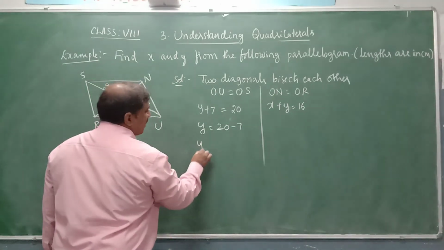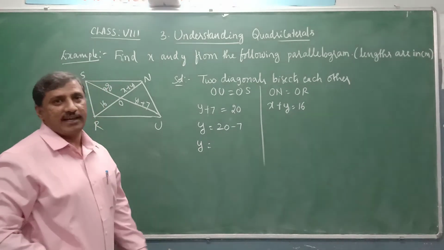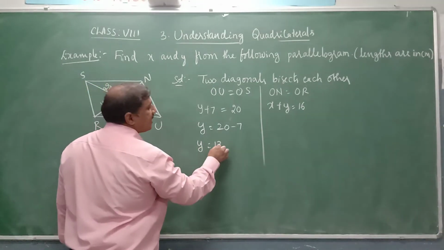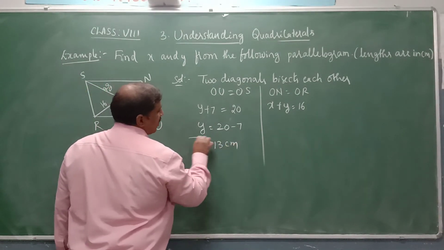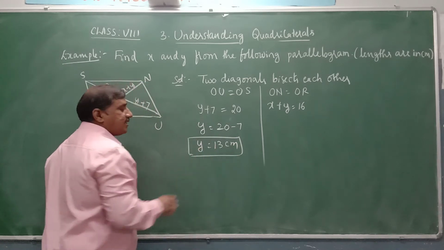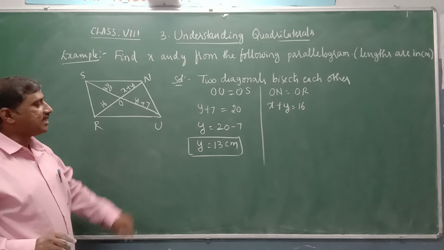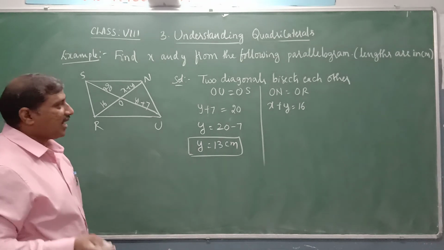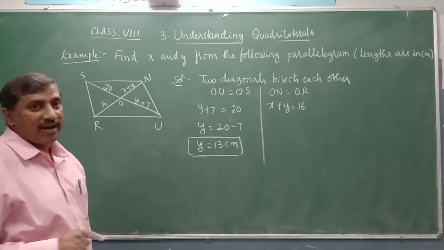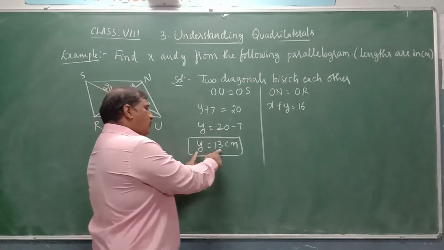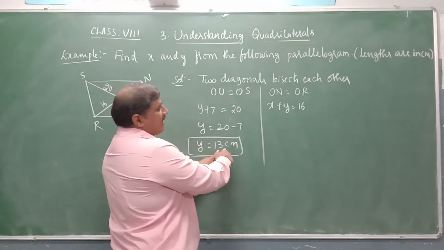So now y is equal to 20 minus 7, which is 13 centimeters. Similarly, we want to find x also. Here we know y is equal to 13 centimeters.